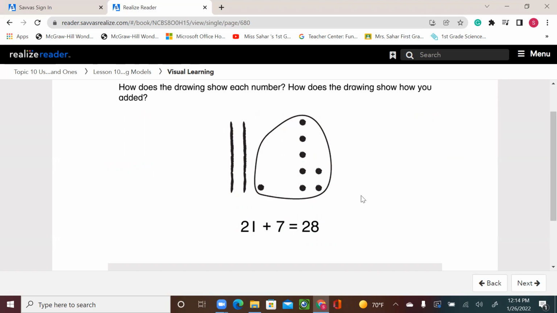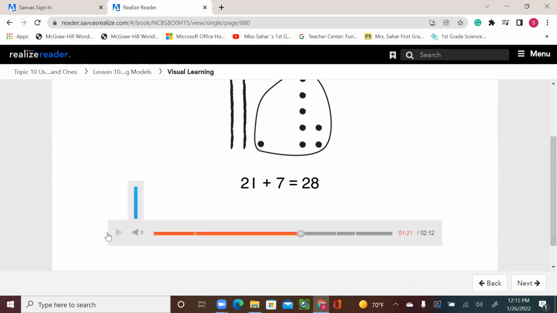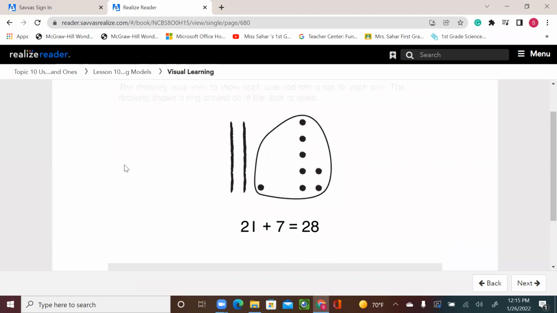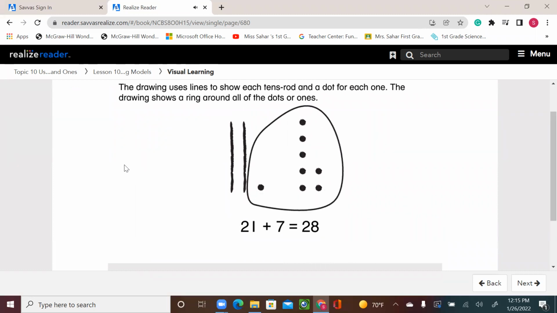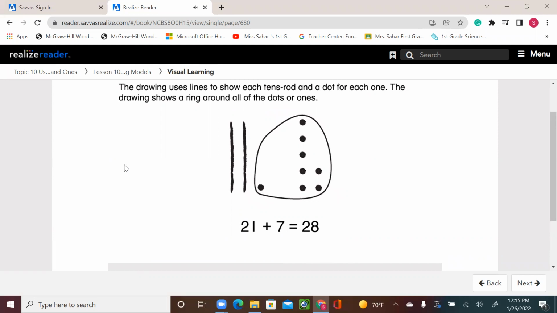And if there are any tens, we will be adding tens together. But since there are no tens, I only group the ones together and add them. So 20, the 2 tens remain the same, and then the ones, 1 and 7, equals 8. The drawing uses lines to show each tens rod and a dot for each one. The drawing shows a ring around all of the dots, or ones.